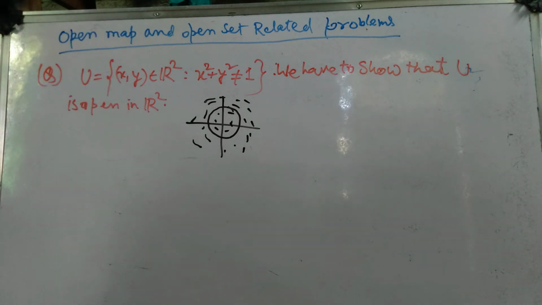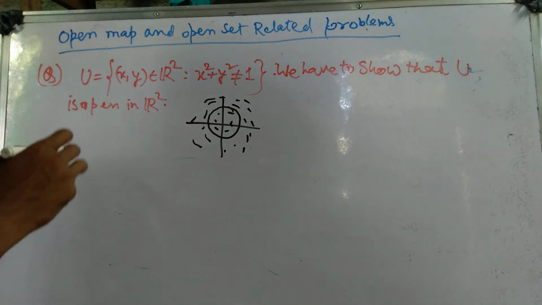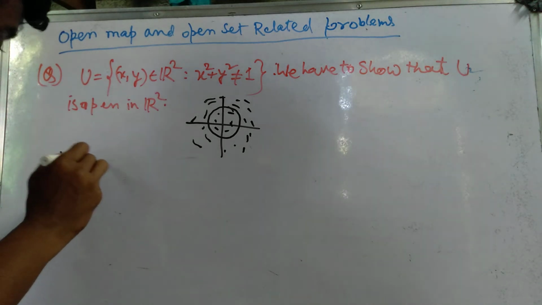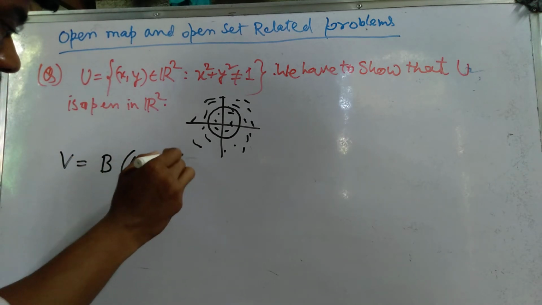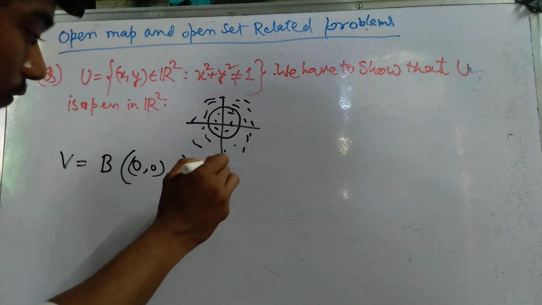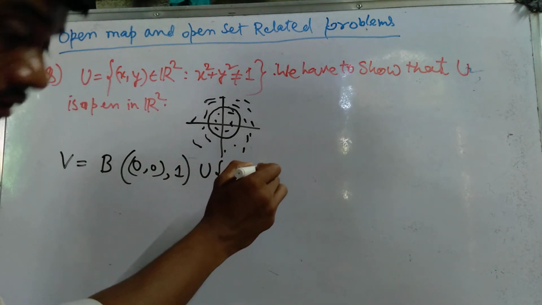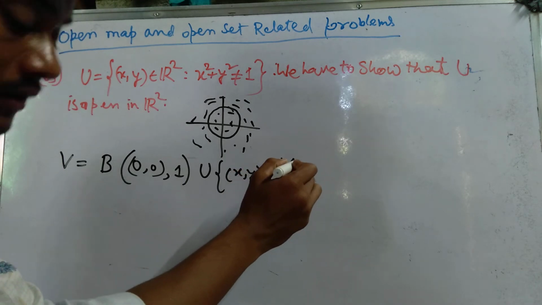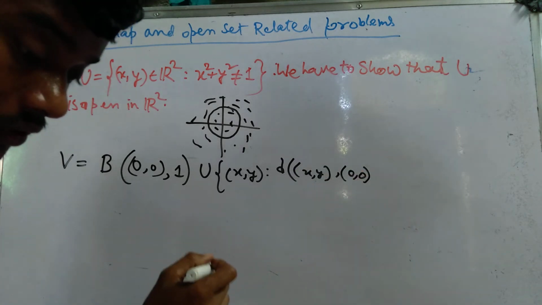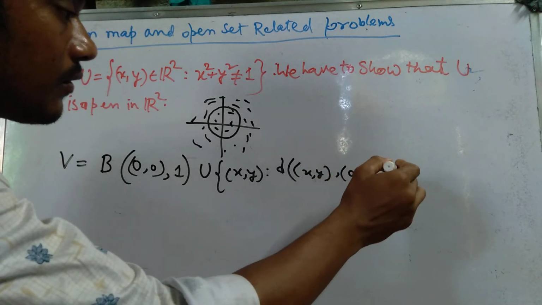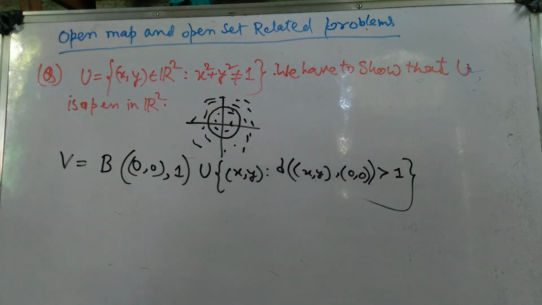We take V equal to B(0,1) union the set of (x, y) such that d((x, y), (0,0)) is obviously greater than 1. So V is this.